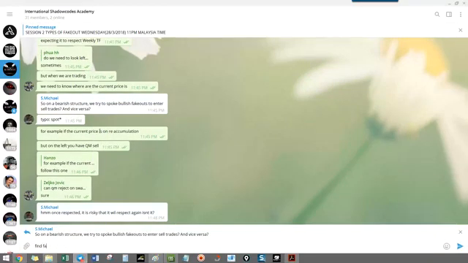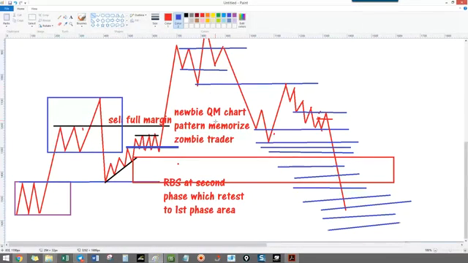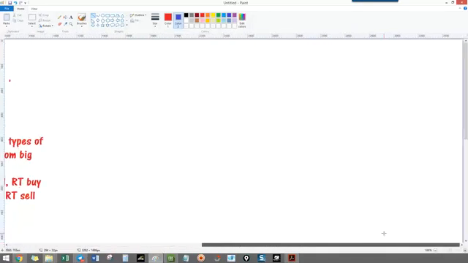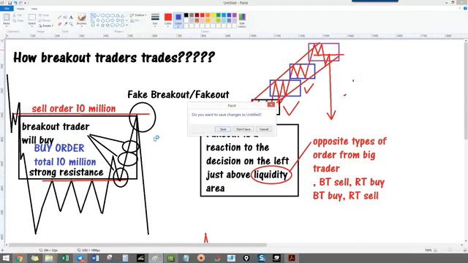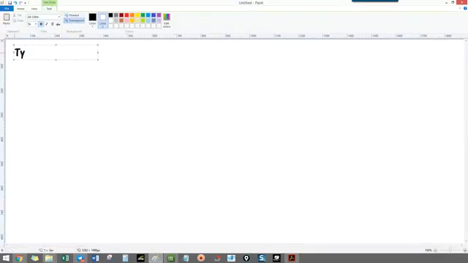Fake out based on distribution or accumulation is the same thing as the previous setup I taught on compression. But before I go to market structure combined with fake out, I need to teach the types of fake out first. Let's proceed with the current topic first. Later I will explain the use on market structure.